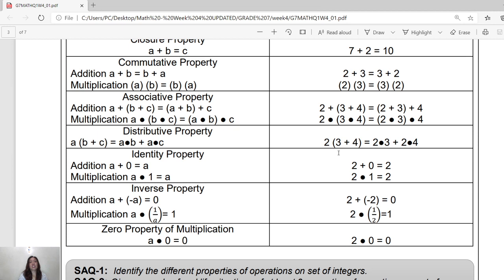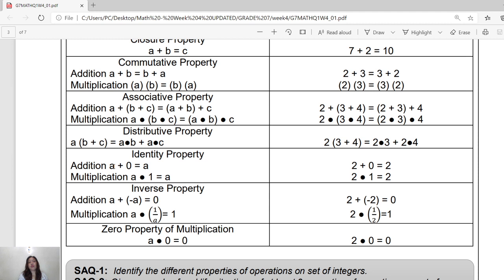Okay, that's it. Another we have here, identity property for addition. So we have 0 as the identity property for addition.